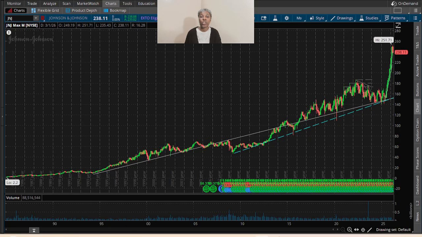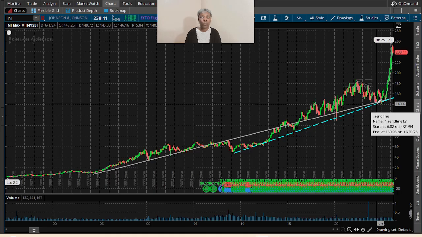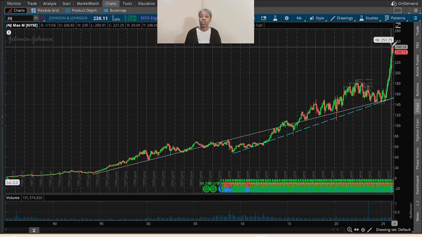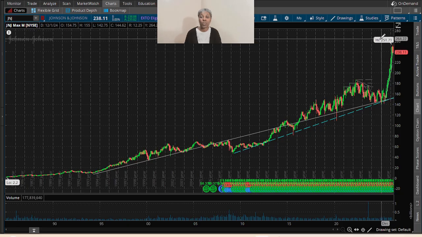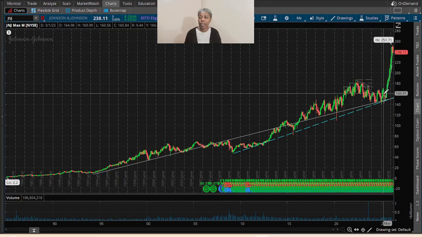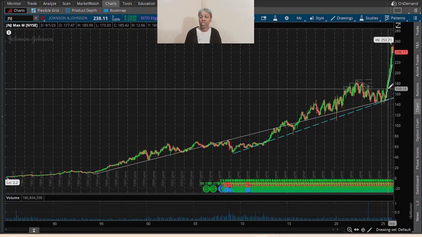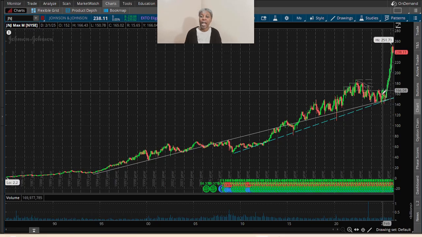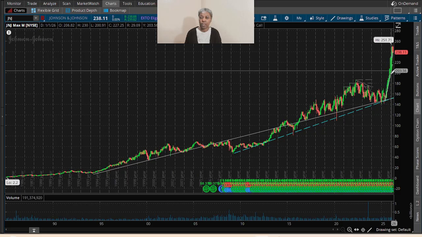If you purchased one share of JNJ at 140 sometime in June 2025, and you sold it at the beginning of 2026 when it reached that all-time highest price, you'd have made about $100 profit before paying your brokerage fee and all that. And before tax, of course, depending on what kind of account you are doing it in, your Roth, or a brokerage account like I'm trading in. So that is an example of that as well.